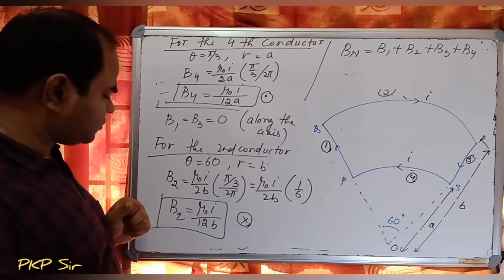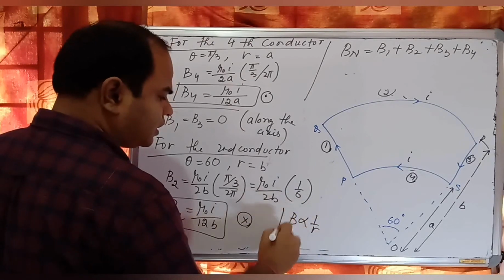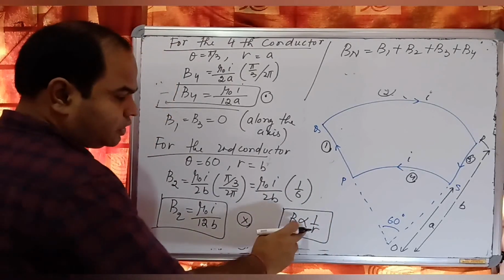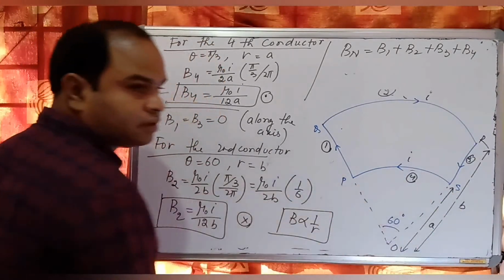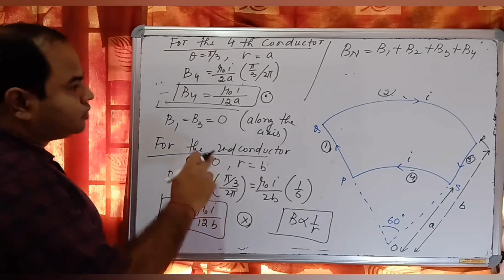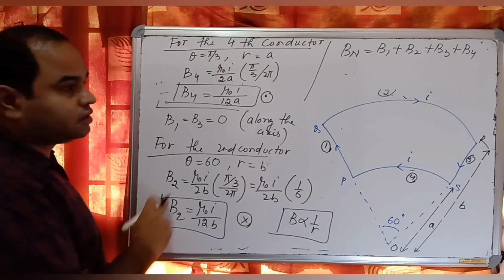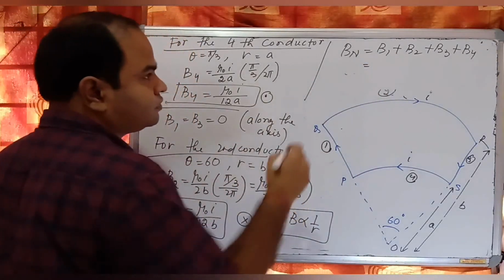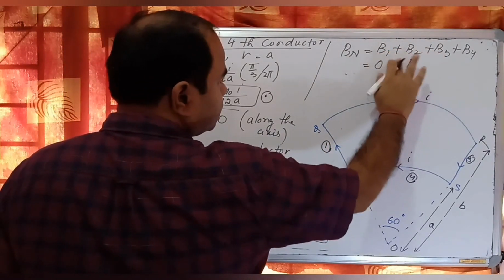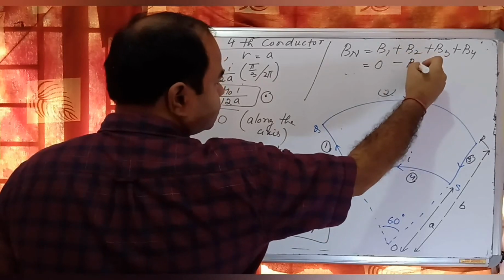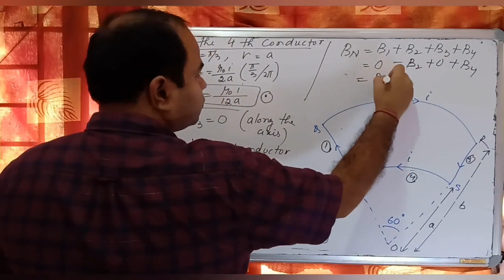And second, B is proportional to 1 by r, so the smaller the radius, the bigger the B. Here a is smaller than b, so B4 is greater than B2. So it is 0 plus B2 taken as minus for inward, plus 0 plus B4, so this is B4 minus B2.